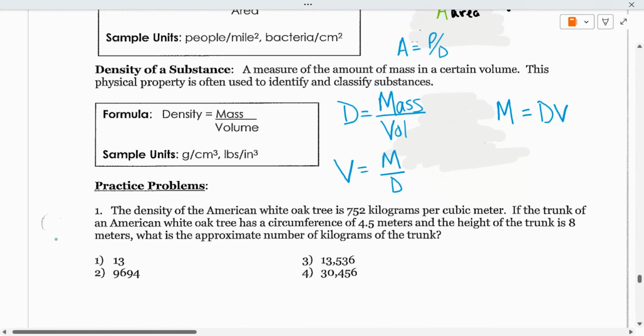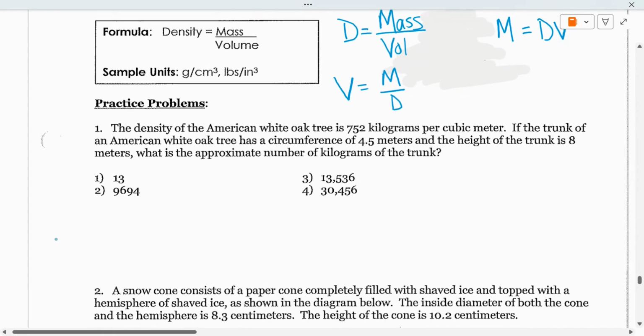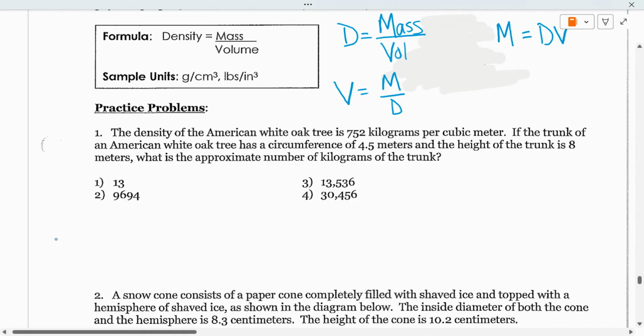Okay, so we're going to do some practice problems. The density of an American white oak tree is 752 kilograms per cubic meter. So the density equals 752 kilograms per cubic meter.